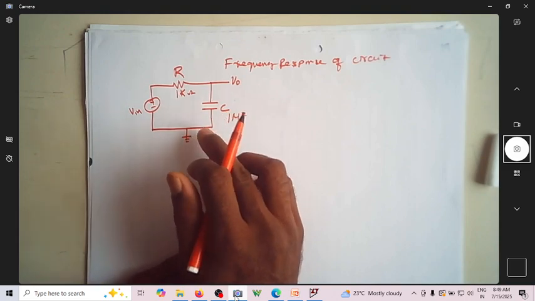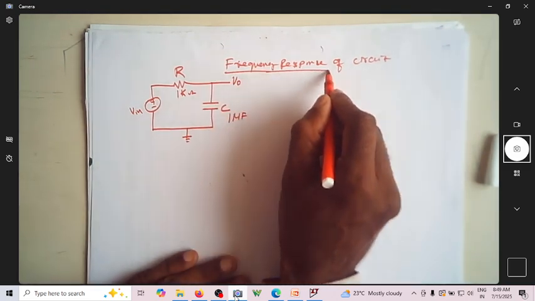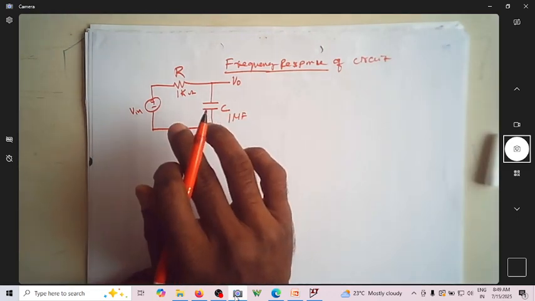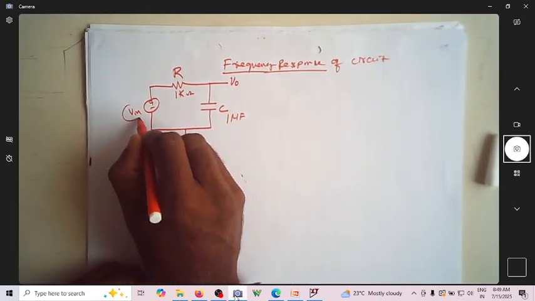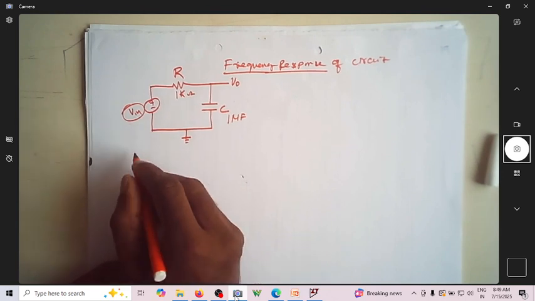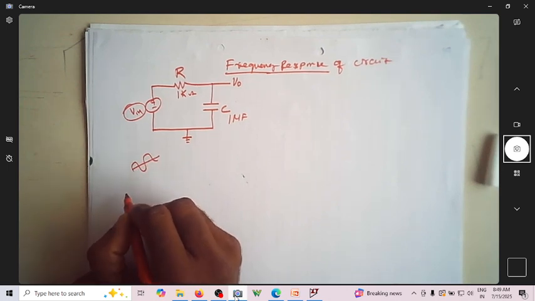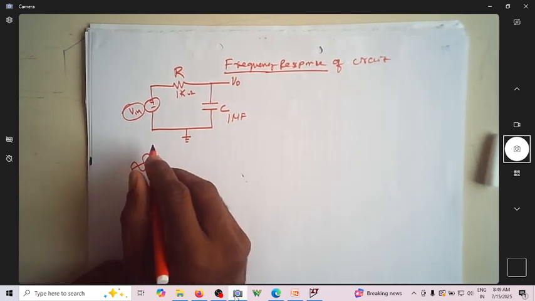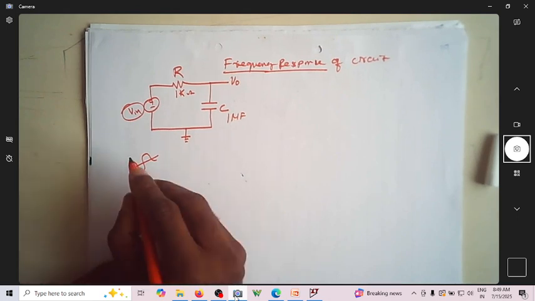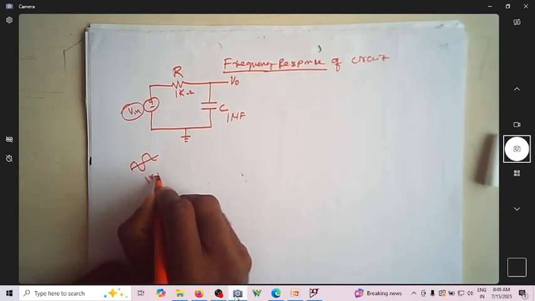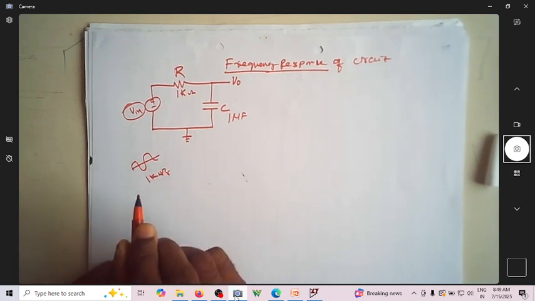Now since I want to find the frequency response of this circuit, this input signal Vin, which we'll be considering a sine wave, we should not be specifying a single frequency of maybe 1 kilohertz. It cannot be a single frequency.